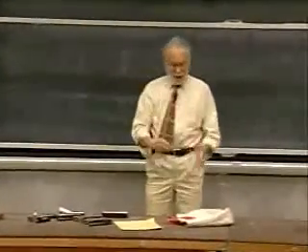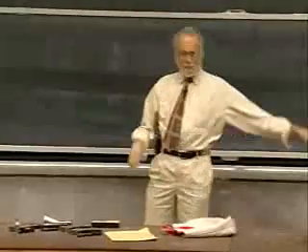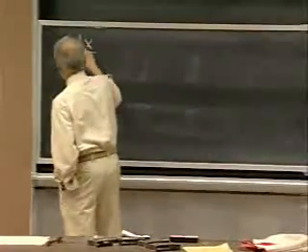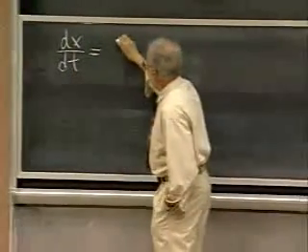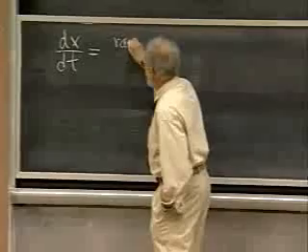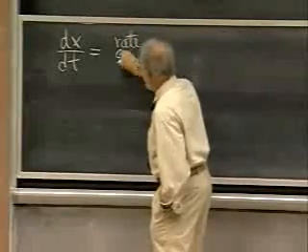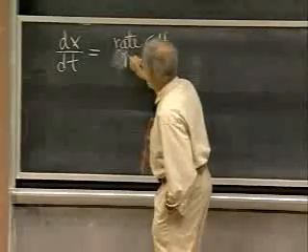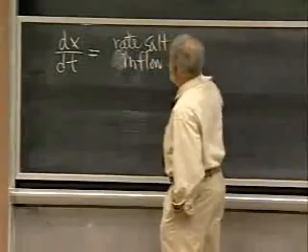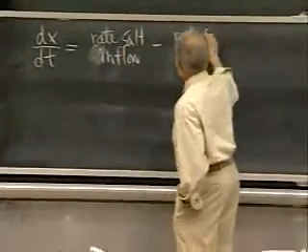It's coming in, it's getting mixed up, and some of it's going out. So the basic equation is going to be that the rate of change of salt in the tank is the rate of salt inflow minus the rate of salt outflow.